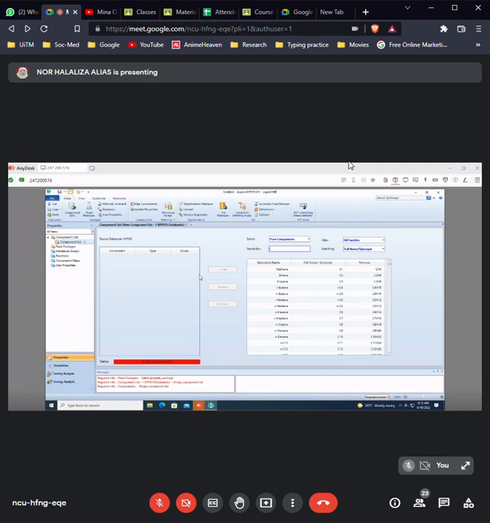Ini step yang biasa, so by right you dah boleh buat. Masukkan dulu dan masukkan fluid package. Dalam ni kita hanya guna one fluid package saja, which is SRK. Okay, I give you 3 minutes untuk masukkan.